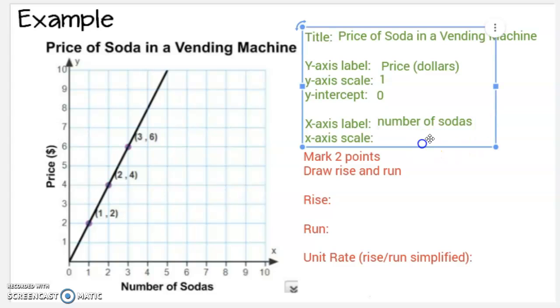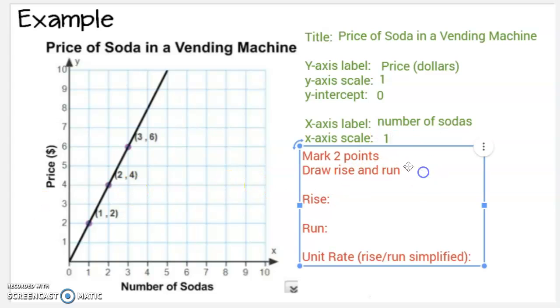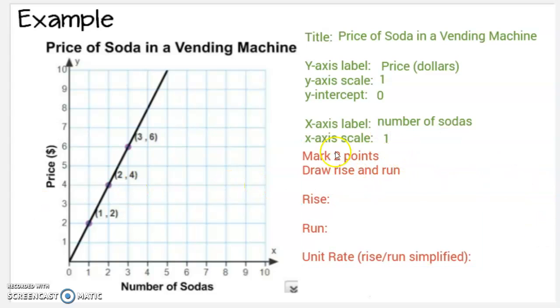If we look at that scale, that one is also counting by ones. Each blue line just represents 1. Our next step would be to find 2 good points, right? It's already done for me. There's 3 points I could use, 4 possibly if we want to use our 0, 0.